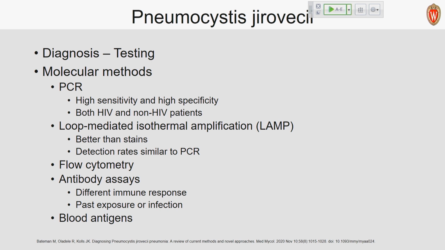Some isothermal amplification methods might be a little bit easier and not as labor intensive. They're looking at flow cytometry, antibody assays that you might be able to find in the urine or the blood, or actual blood antigens. Some of these are not fully available at this point from my understanding, but they might be things in the future to increase the ability to diagnose this particular pneumonia.